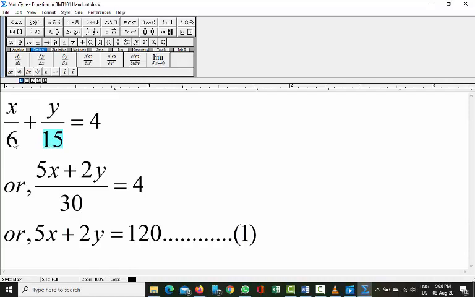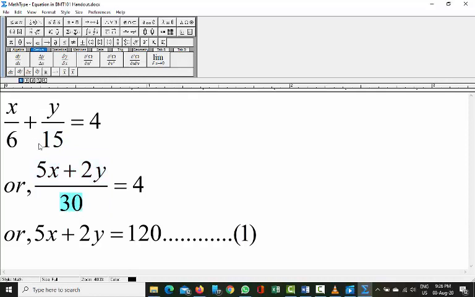If not, then you double it. If you double it, we get 30. If you divide 30 by 6, there will be no remainder. So 30 is the LCM or Loshagu.